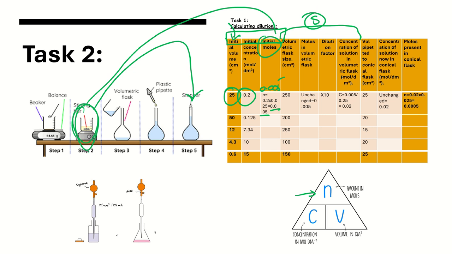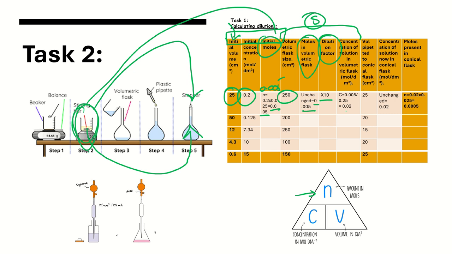Now what I've said is we've made it up in this instance to a 250 cubic centimeter volumetric flask. What is the number of moles in the volumetric flask? Well, they don't change because all we've done is add water. We've poured everything from there into that in step 5, so that doesn't change. What's the dilution factor? Well, we've made it up from 25 cubic centimeters up to 250, so we've diluted tenfold.